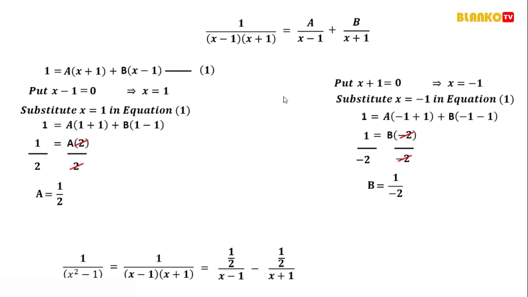A over (x − 1) gives 1 over 2 over (x − 1), and B over (x + 1) gives minus 1 over 2 over (x + 1). So we can write our final answer as 1 over 2(x − 1) minus 1 over 2(x + 1).